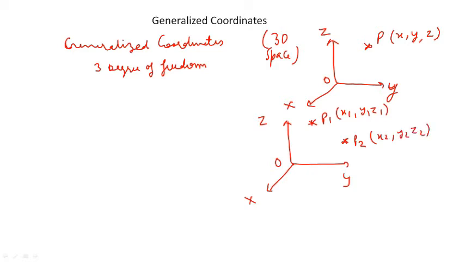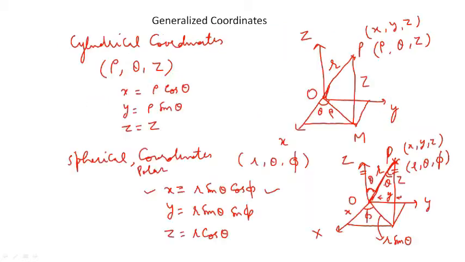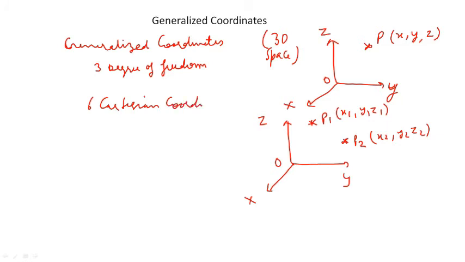Now here these two free particles, when moving in this three-dimensional space, this system will require 6 Cartesian coordinates, or we can say that there will be 6 degrees of freedom.